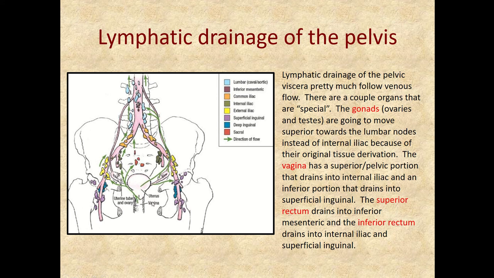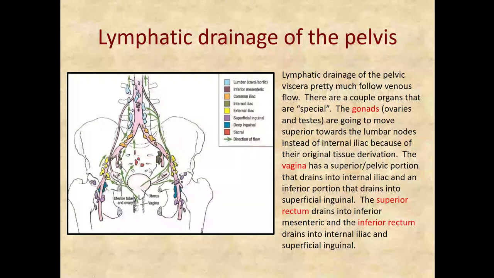So you might have a little bit more variation with routes, but you can see the green arrows kind of show you the flow, and it's similar to the venous drainage. You could see these lymph nodes and their general accumulations around the veins.